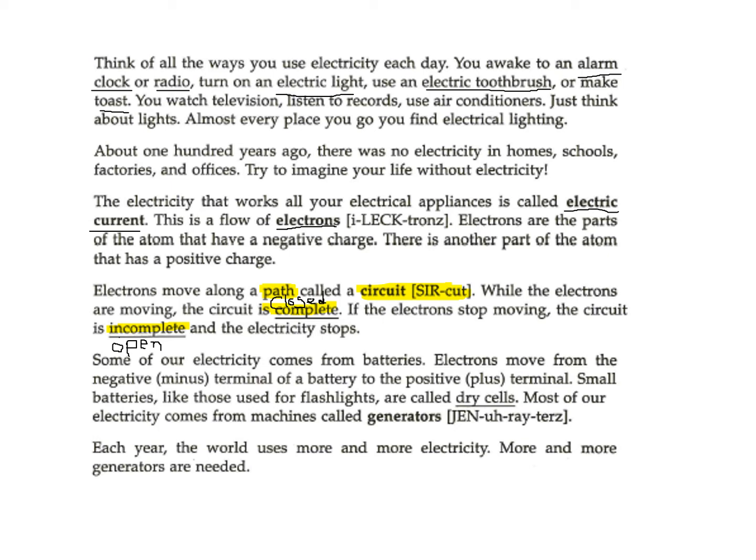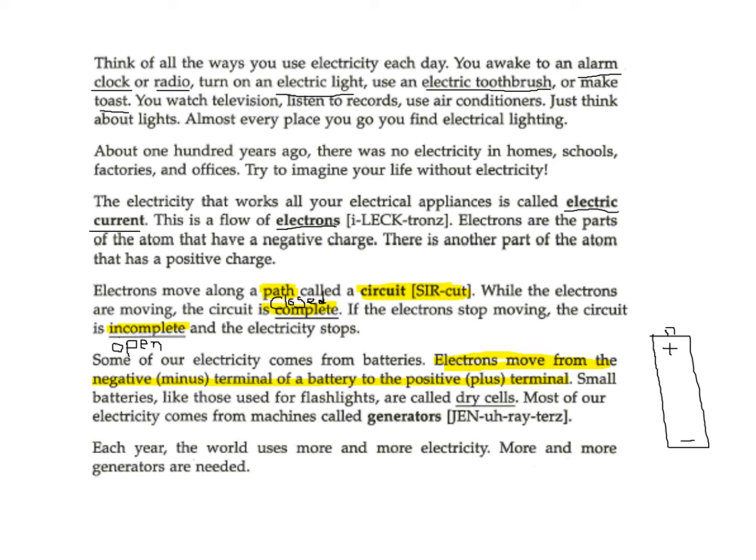Some of our electricity comes from batteries. Electrons move from the negative terminal, again it's very important to know, from the negative terminal to the positive terminal. Now you say, oh, what is that? So if you buy a battery or dry cell and look at it, there's a plus sign and a minus sign.